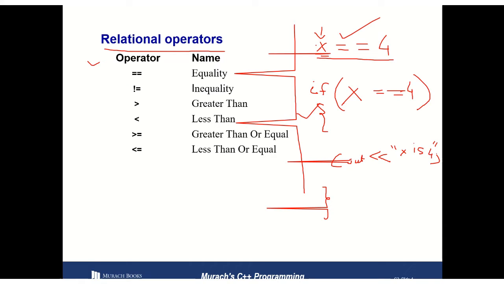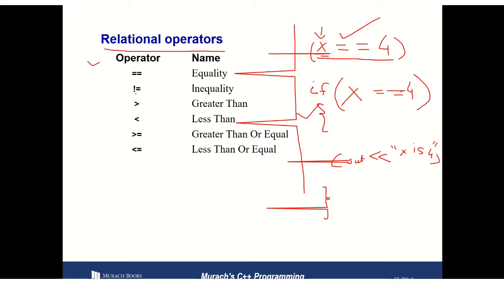The result of this particular element is a boolean, true or false. So if you say if x equals 4, that means if the relational statement x equals 4 is true, then you do something.